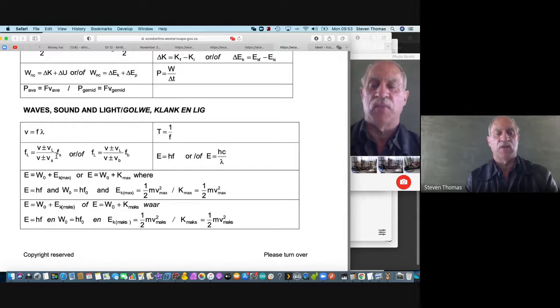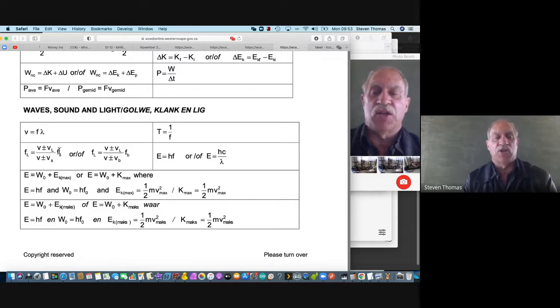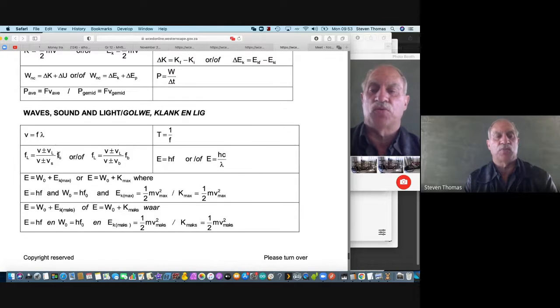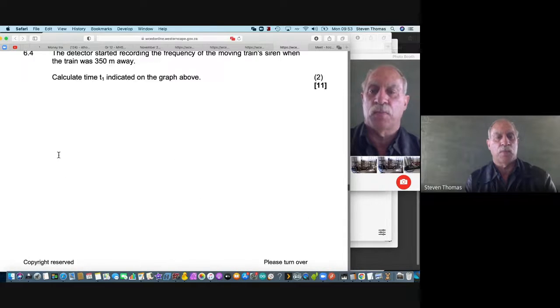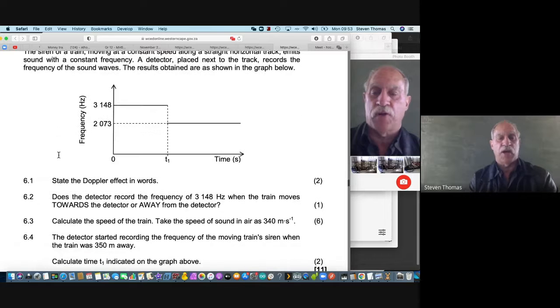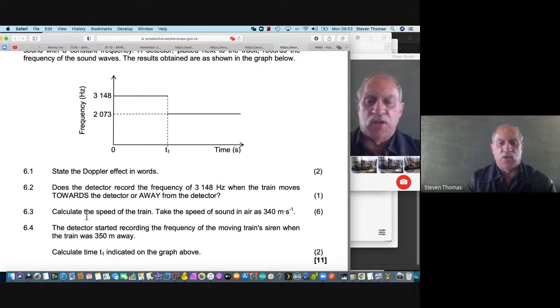Then you're going to find fs, the frequency of the source. You use two simultaneous equations, and you equate these two equations to find the frequency of the source. So that's the formula that you're going to use. We have a slight shortcut.